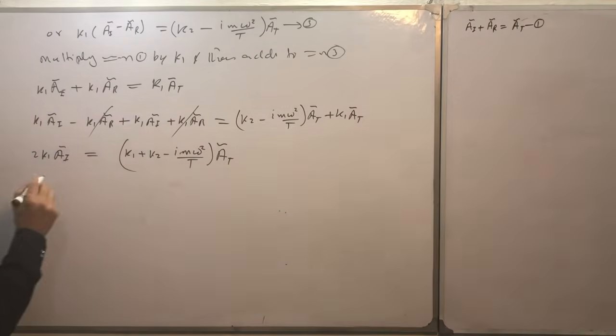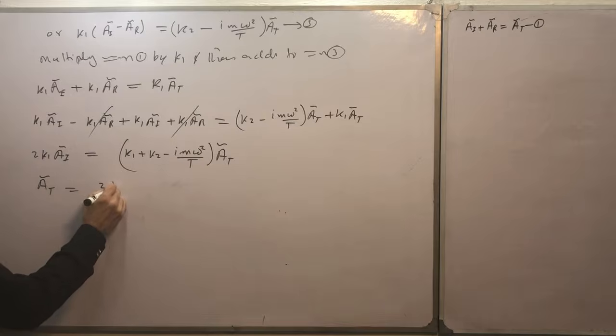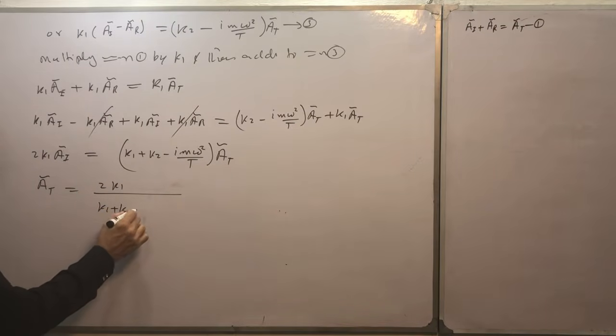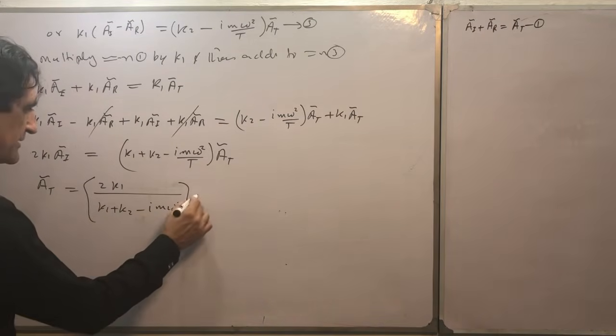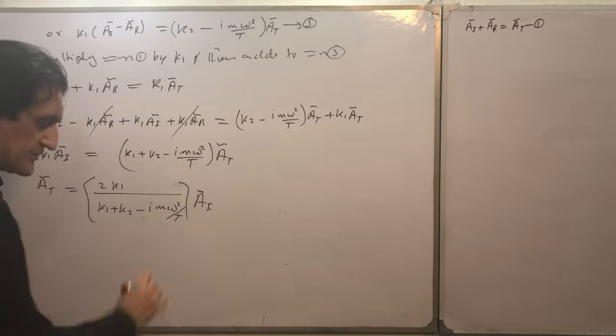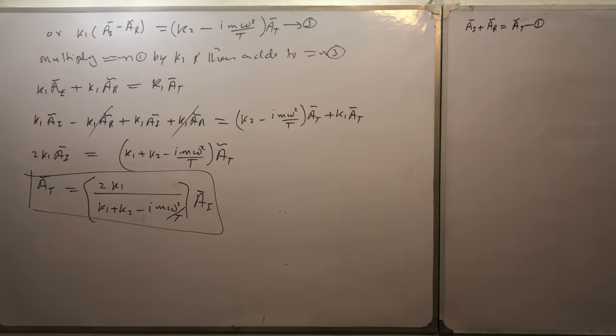After finding this, AT must be equal to 2K1 divided by K1 plus K2 minus iota m omega square divided by T, times AI. So this is the AT.